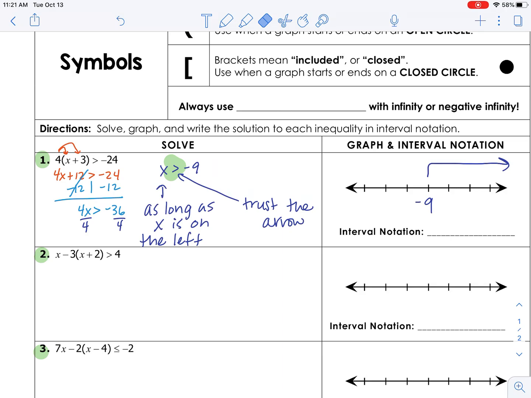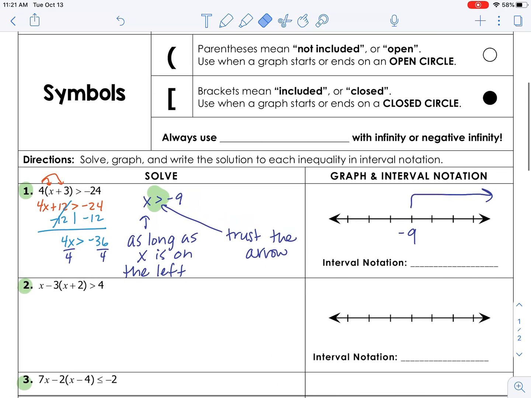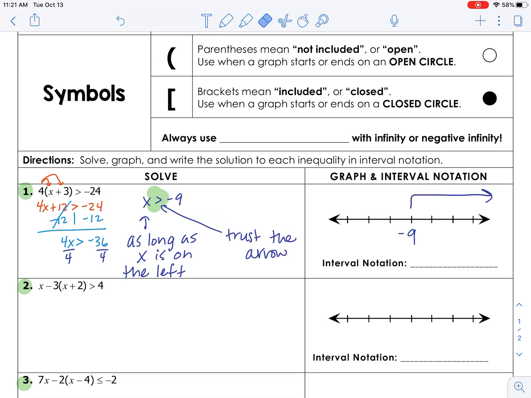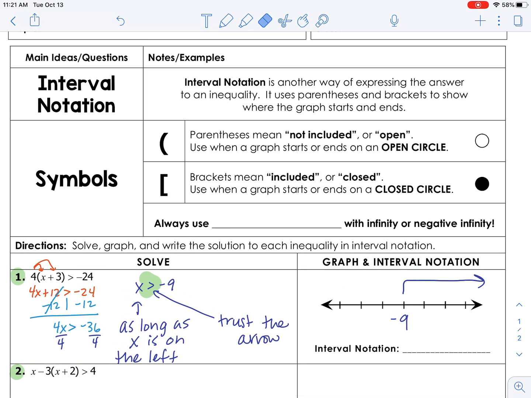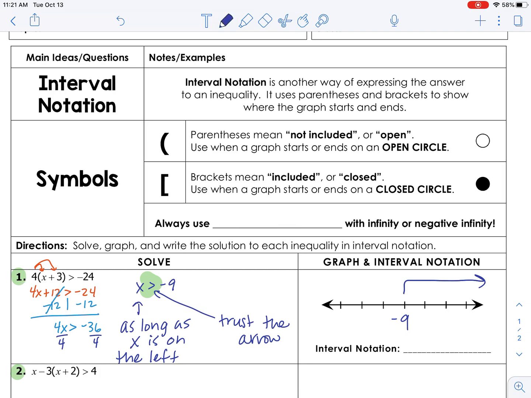From here, we need to know what kind of circle to put above negative 9. I'm going to come up here to the notes section again, and I'm going to write in what we need to know. We're going to use this first row of information if we have less than or greater than.